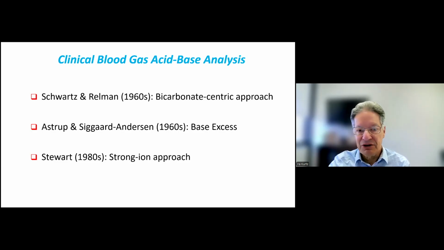The concept here is different: it's the net charge in a solution. Conceptually, you can think of it as sodium minus chloride. That difference is what is causally related to acid-base changes in blood. I've written a critique of this several years ago for any of you that are interested in reading it.